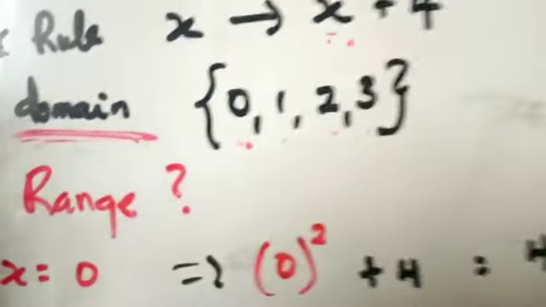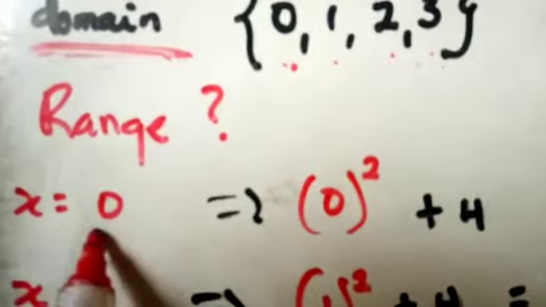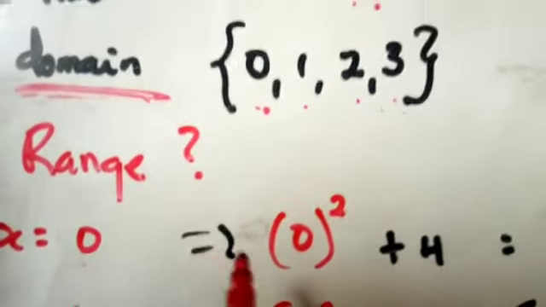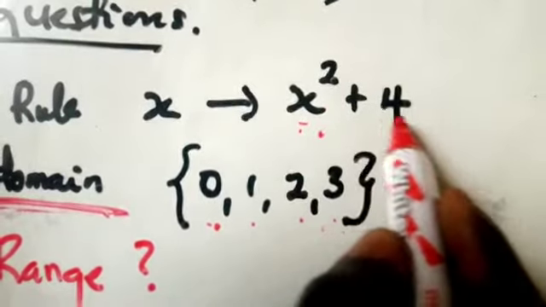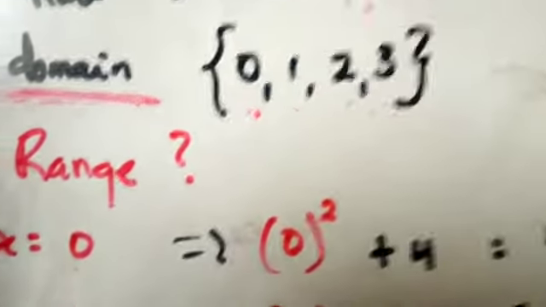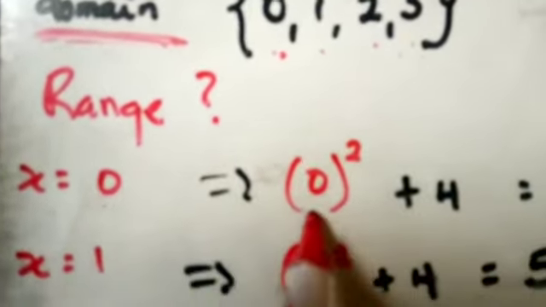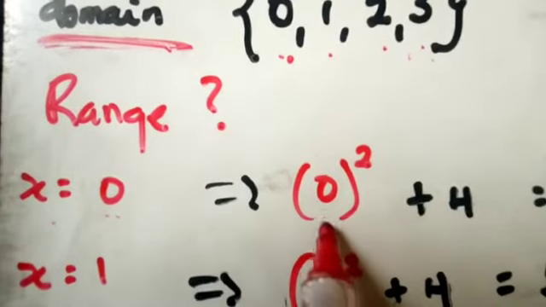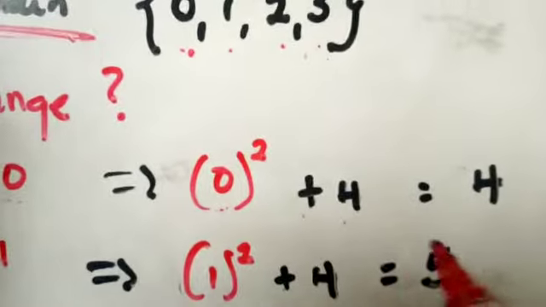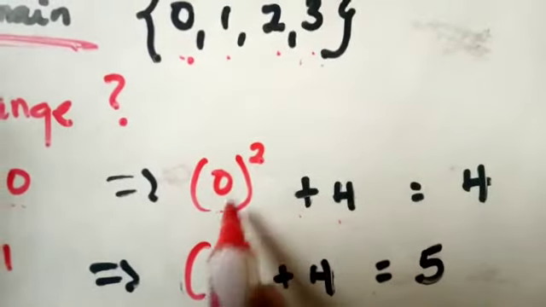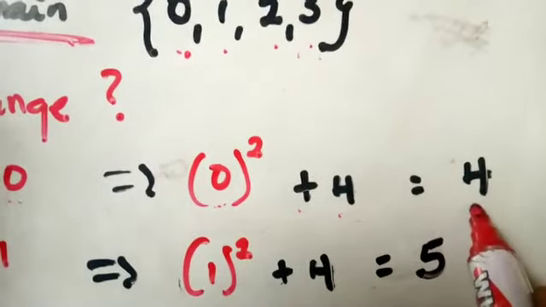So let's go. When x is 0, the pre-image is 0. Then we place it inside the machine. The machine is x squared plus 4. So they say you should square the pre-image plus 4 to give us the image. When you do this calculation, 0 plus 4 will give us 4.